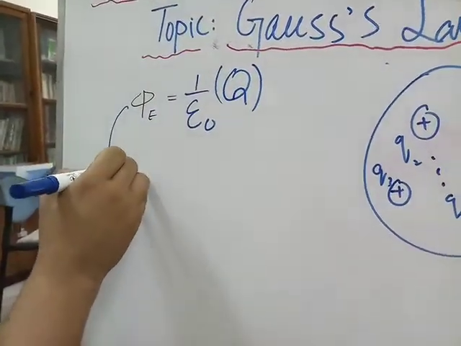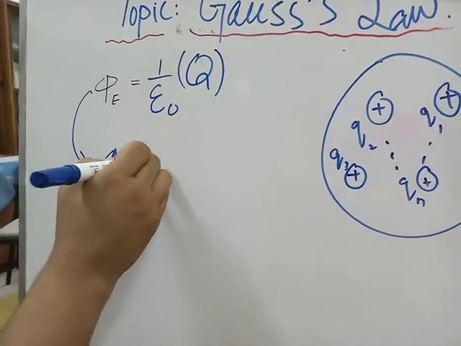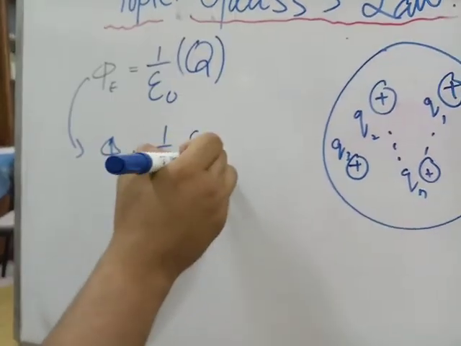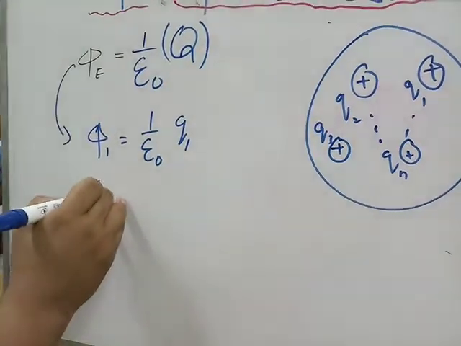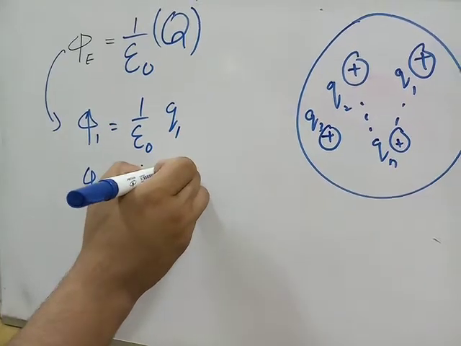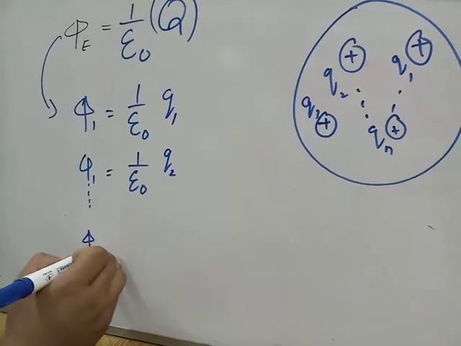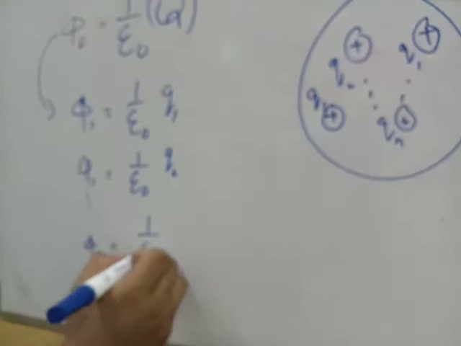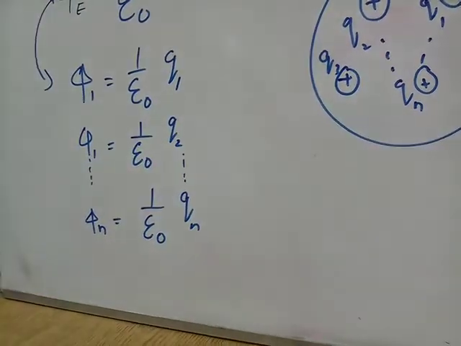We get a formula from the above equation, which is flux 1, equal to 1 over epsilon naught times charge q1. For q2, we can write 1 over epsilon naught times charge q2, and for the nth charge the flux is phi n, equal to 1 over epsilon naught times qn.